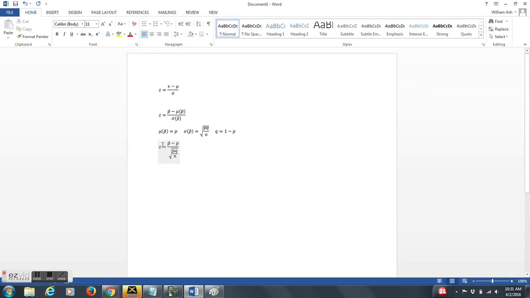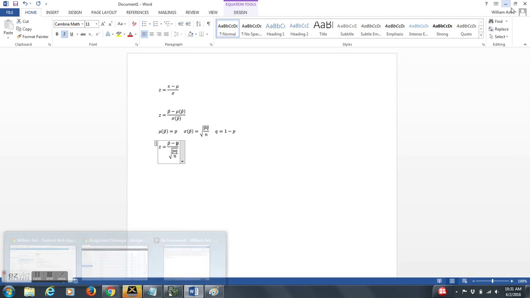It's just taking all that and putting it together in one formula. Q is 1 minus P. So when we get a problem, they're going to tell you the population proportion, and that we want a probability that something's greater than a certain value. Just like you did in chapter 5 with a piece of data, just now with sample proportions.